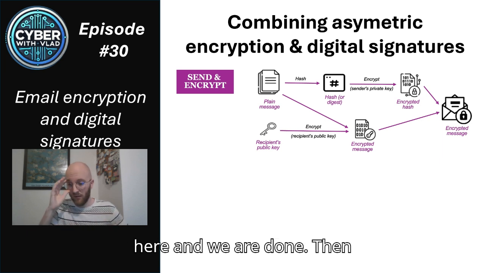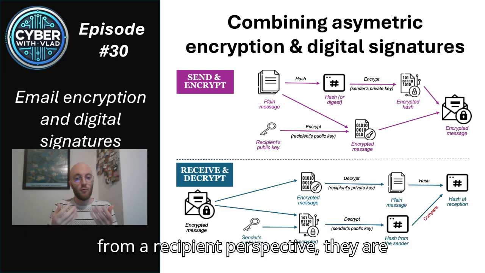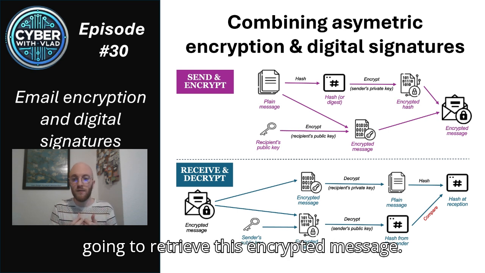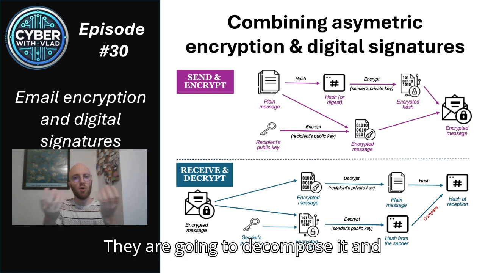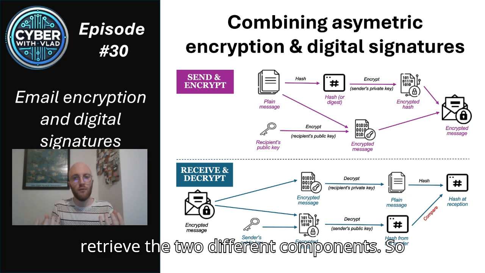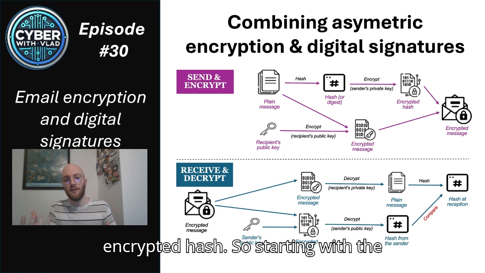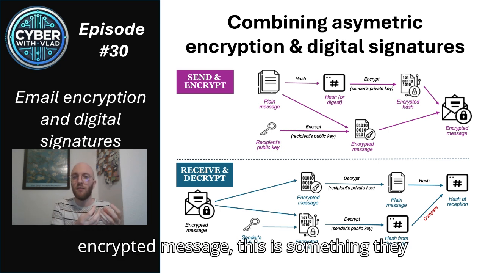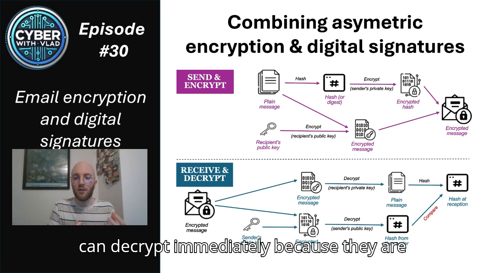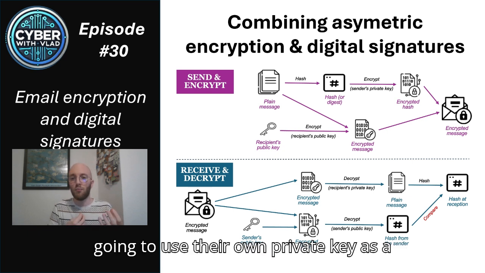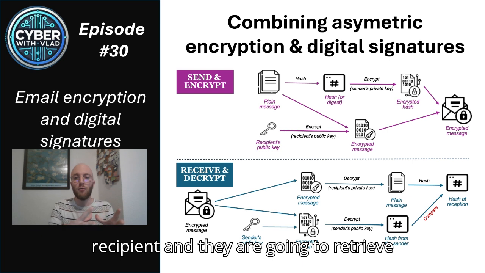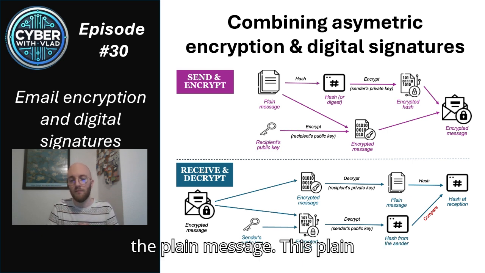And we are done. Then, from a recipient perspective, they are going to retrieve this encrypted message. They are going to decompose it and retrieve the two different components. First, the encrypted message, and then the encrypted hash. Starting with the encrypted message, this is something they can decrypt immediately because they are going to use their own private key as a recipient, and they are going to retrieve the plain message.